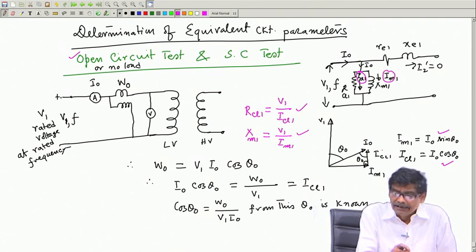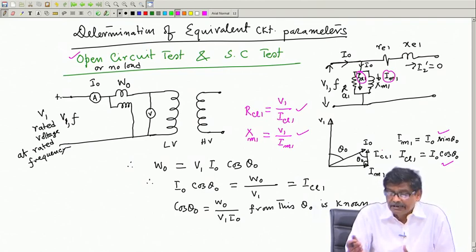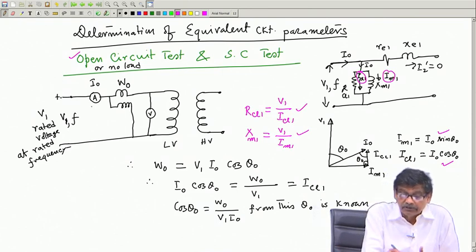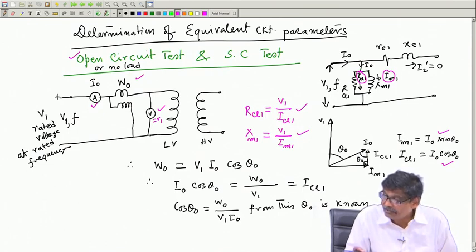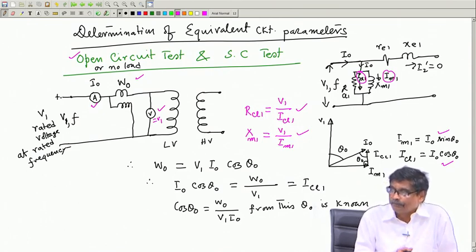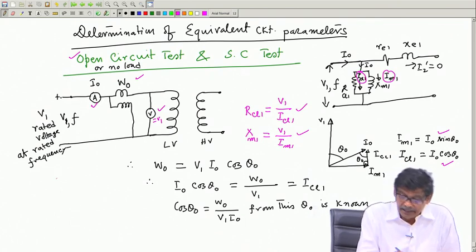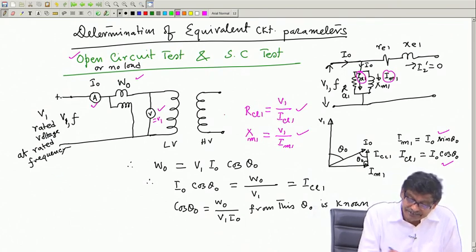So, doing this open circuit test, I can very quickly calculate by noting down the ammeter reading, wattmeter reading and this voltmeter reading, which will read equal to V 1. I can calculate RCL 1 and XM 1. And if it is needed, after knowing RCL 1, I can always calculate RCL 2 and XM 2.